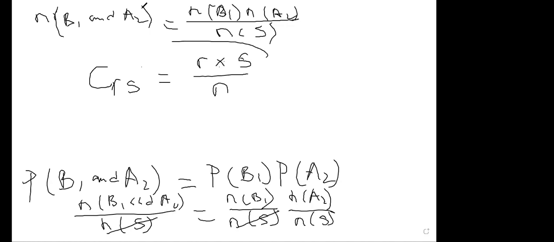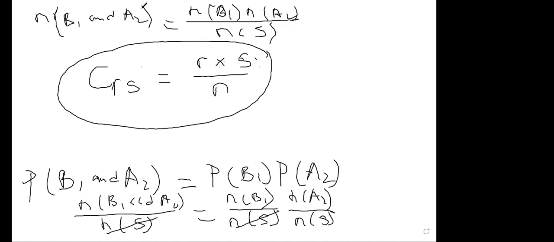We are going to use this rule to check a contingency table. If it satisfies this condition, then the variables in the row and column are independent. Otherwise, they are not independent.